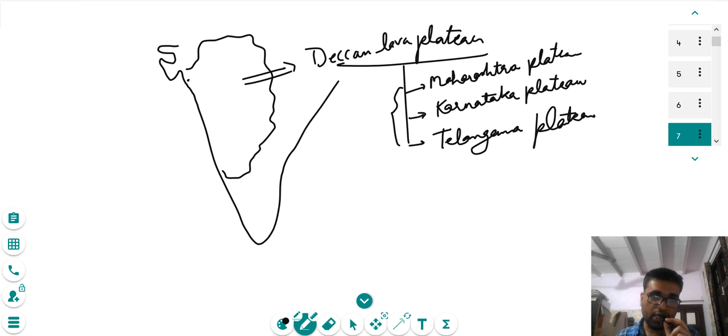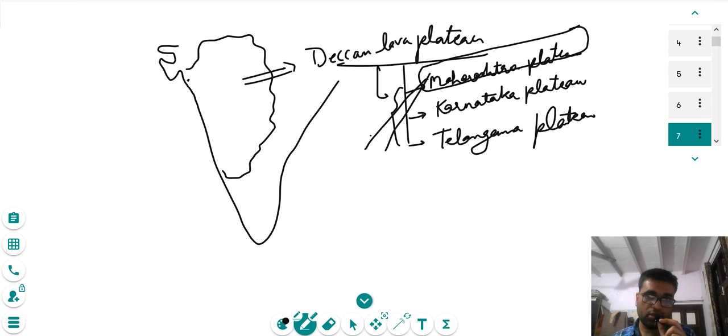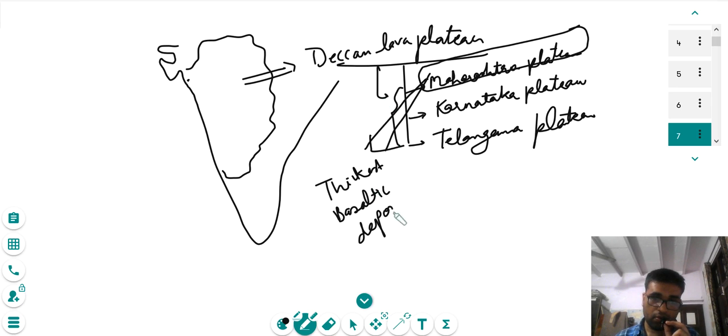Among these three plateaus of the Deccan lava plateau, the Maharashtra plateau has the thickest basaltic deposition, and because of it, it has the deep black soil.